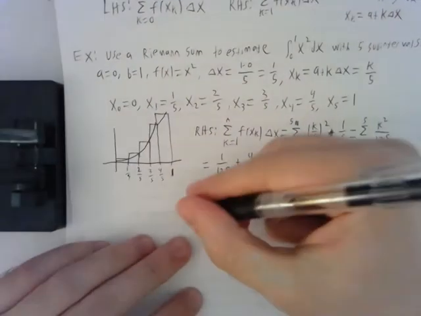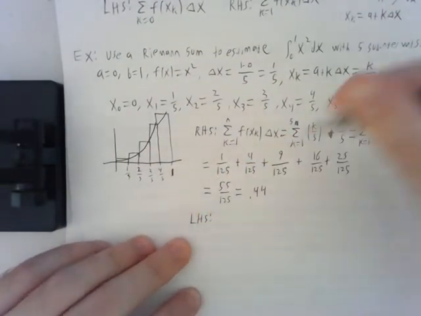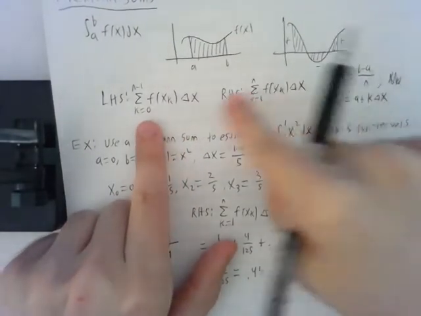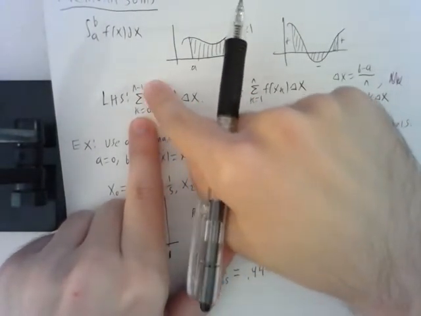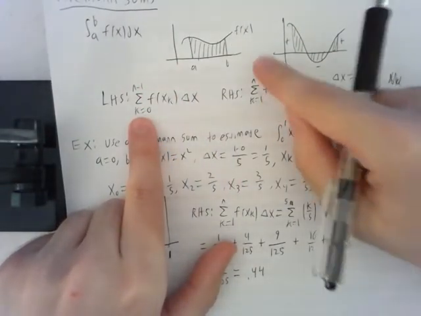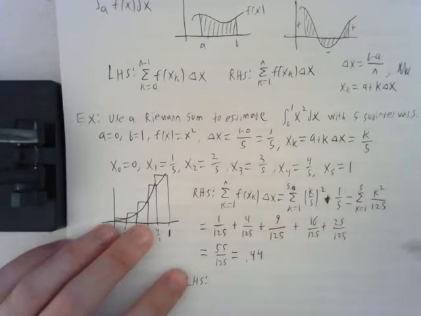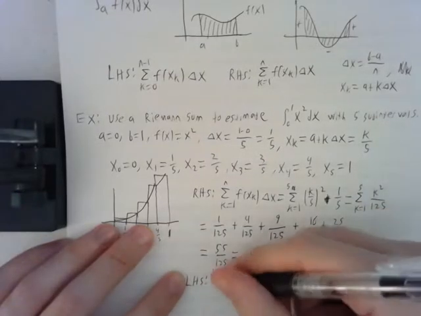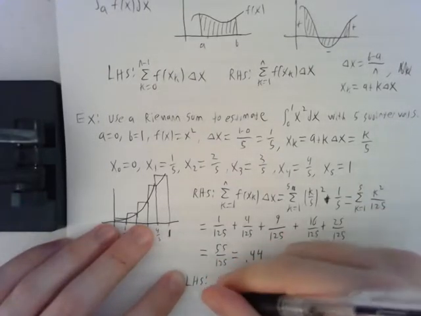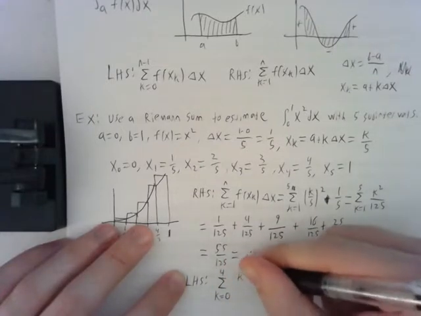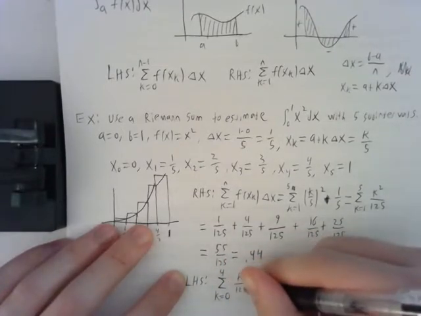Okay, what if we wanted to use the left-hand sum? Well, if you take a look at these two formulas, the only difference is in the range we're summing over. In the left-hand sum, we're going from 0 to n minus 1. In the right-hand sum, we're going from 1 to n. So that means that we're still going to get this k squared over 125 for the stuff inside the sum, but now we're summing from 0 up to 4 instead of from 1 to 5.